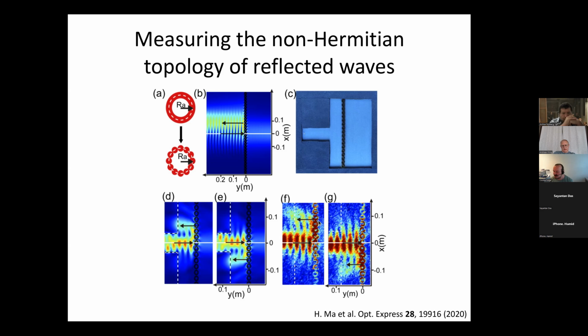And this is what they see in the experiment. You actually see it goes up and it goes down depending on effectively the Chern number of this system. So the non-reciprocal Goos-Hänchen effect has actually been measured. It would be nice to design an experiment which can also measure the eigenvectors of the reflection matrix. Then you would see that they are exponentially localized on the boundary of the system.